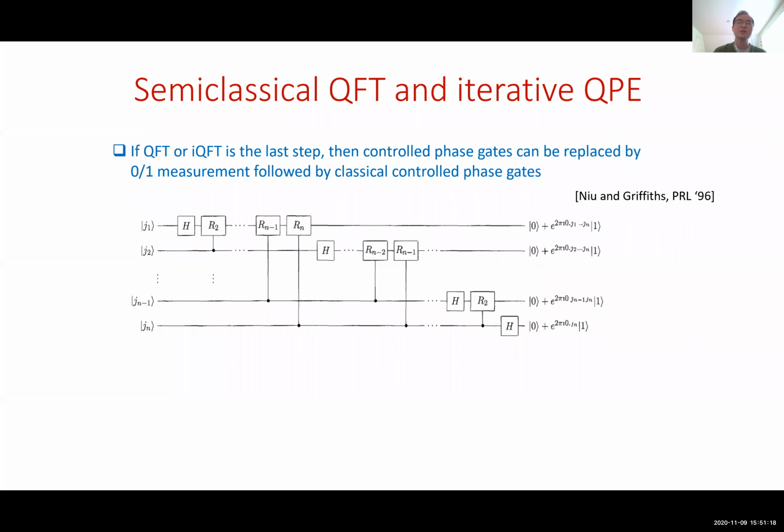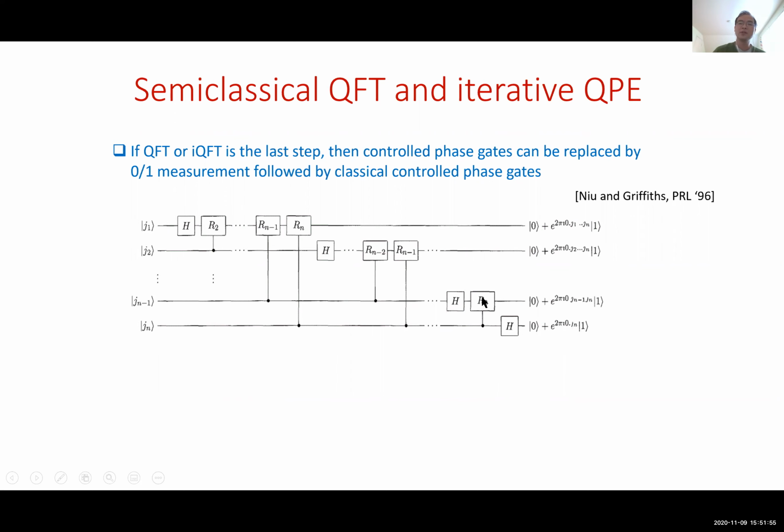If there's no question, I want to mention as comments that if the quantum Fourier transform or its inverse is the last step, then you don't really need to use the control phase gates. They could be replaced by measurement followed by classical control. For example, if you're doing the inverse quantum Fourier transform, you're trying to measure the J1 bit. Then you do the Hadamard and read out to see if it's 0 or 1.